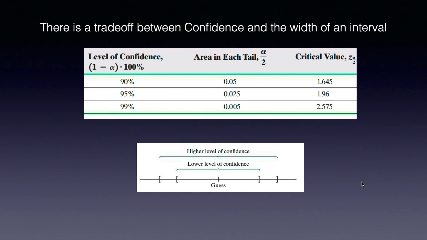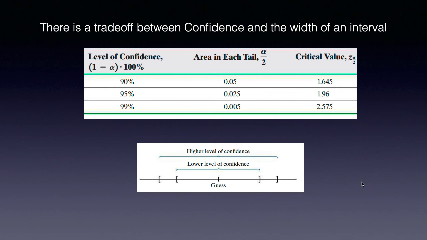This is something we have to be very concerned about, because remember, we are using this to estimate the population proportion. If you want a high level of confidence that your interval contains the mean, then you are also allowing for a large amount of error. And a large amount of error does not give us a lot of accuracy if we want to use p hat as our estimator of p. If you have a lower level of confidence, say 80%, then the interval becomes smaller, which means you have less wiggle room.